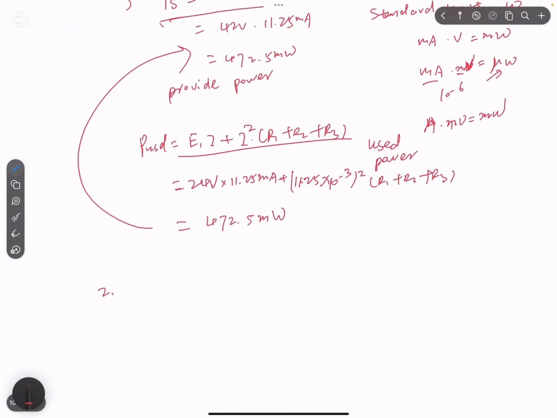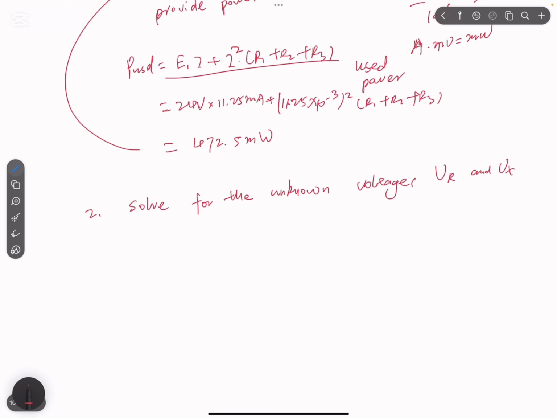Now let's look at the other circuit. For the unknown voltages VR and Vx, let's say we have a circuit with the power source here, a resistor R, this is E, and we have another resistor.